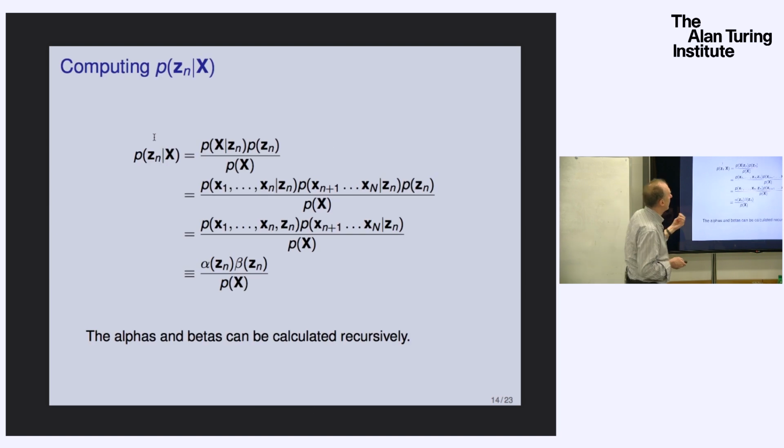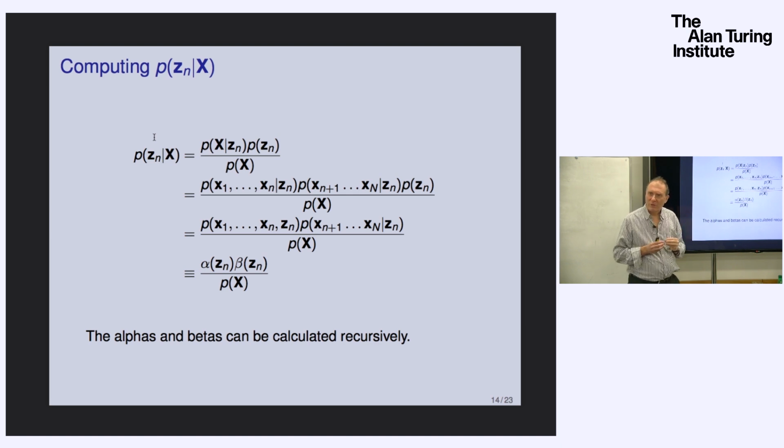Okay, so one thing we talked about, we wanted to compute this posterior marginal. Just using Bayes' theorem, we can re-express things like this. We can then break up P of x given Zn into the part of the x's that come from the past up to the present, and those in the future given the present, that's xn plus 1 up to x big N given Zn.